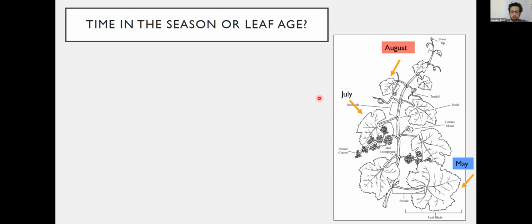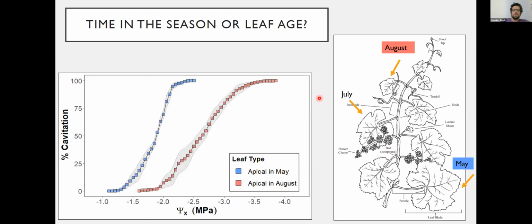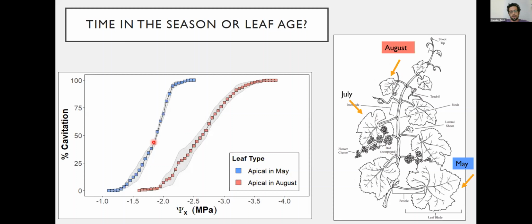xylem architecture. Here you can see the vulnerability curve of the leaf from the no irrigation treatment. We took it in May and August, as you already saw.